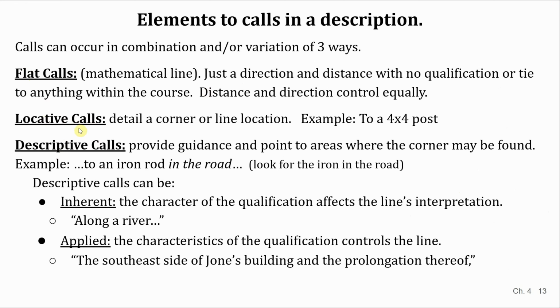It just depends, but I want to highlight that there are these 3 different types of calls and describe the difference between them. So a flat call is considered a mathematical line because all we have is a direction and a distance. We don't have any monuments or calls to a map or legal monuments or anything like that. And so, as long as things are making sense with the whole situation and scenario, we will hold the flat calls, whatever the distance and direction is, those will control equally.